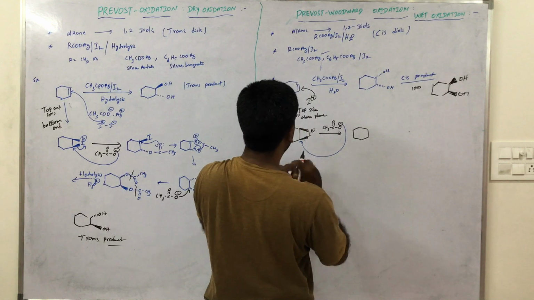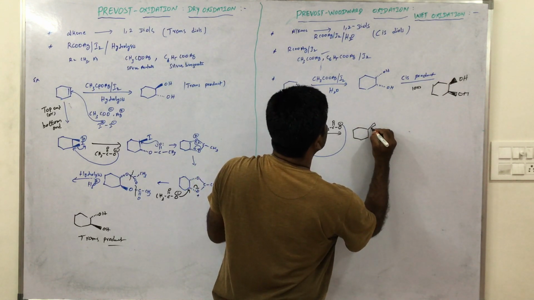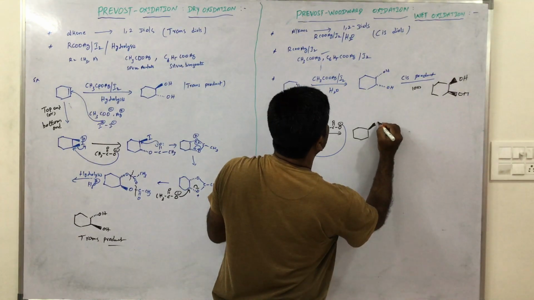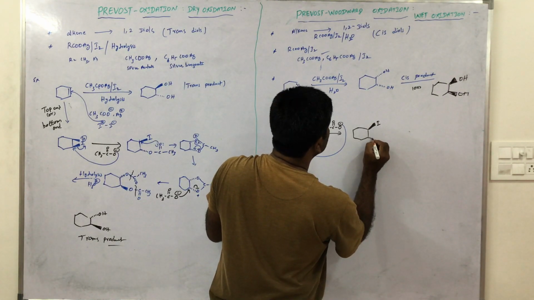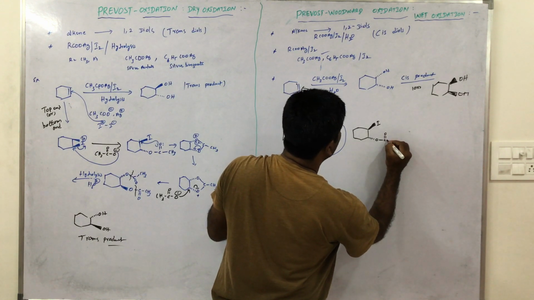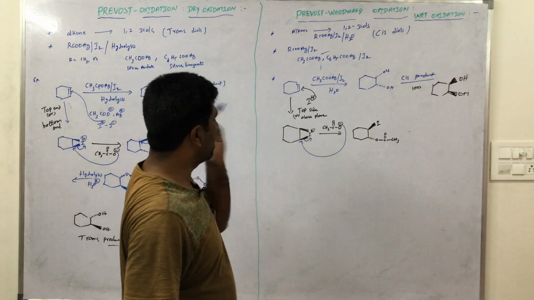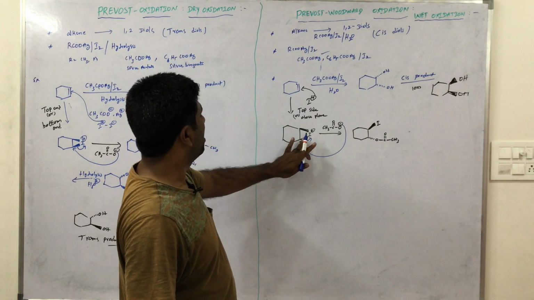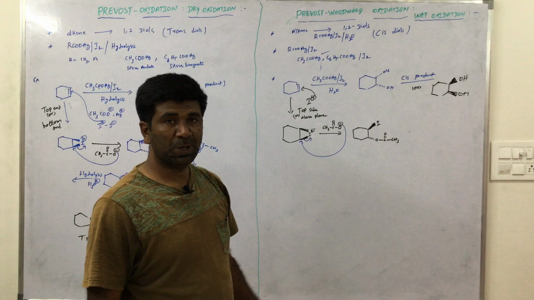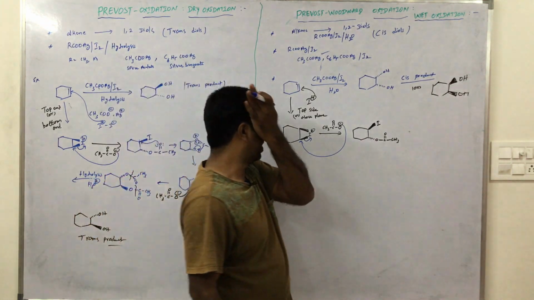And this is migrated. Now this hydrogen as usual is above the plane, and this oxygen and C double bond O CH3 is below the plane. Why? Because the iodine bond is already present above the plane.